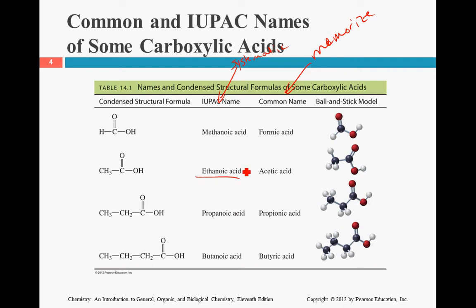For instance, they could say ethanoic, which means that you know eth is 2, so you can expect the compound to have 2 carbons. And then oic means that you have this oxygen double bond and an OH too. However, most often you'll hear it called acetic acid, which is the exact same thing. So you want to be able to memorize both sides.